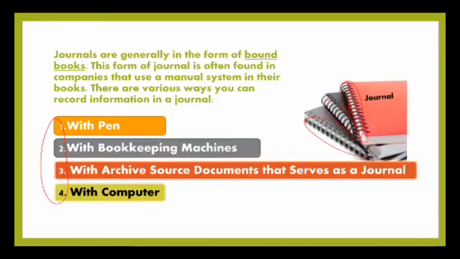So this is for the manual system. If you use the computerized system, you don't need a bound book. And the first one is with pen, second one is with bookkeeping machines, and then the third one with archive source document that serves as a journal, and then the last one is with the computer.